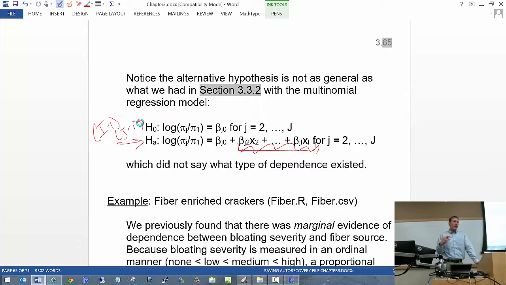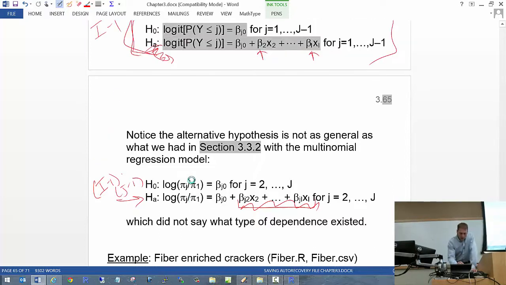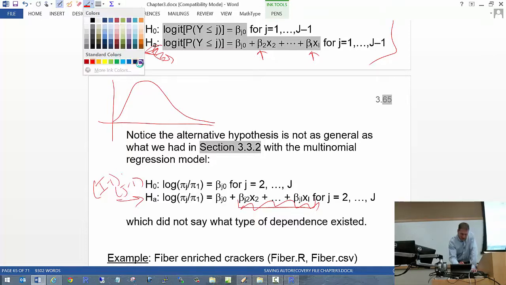Okay, in both cases we can find a negative 2 log lambda. So what would our chi-square distribution look like when we compare it to a chi-square distribution? Well, your chi-squared distribution looks something like this, and this is not going to be drawn to scale here.